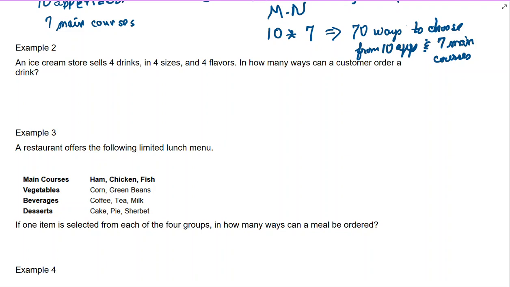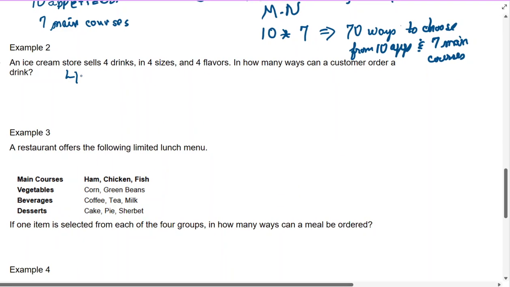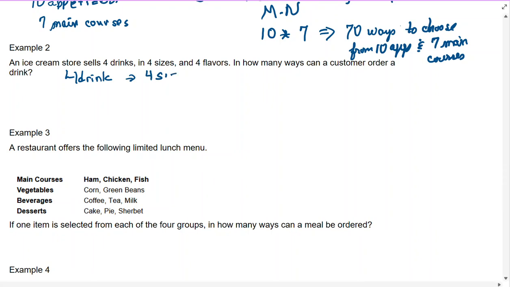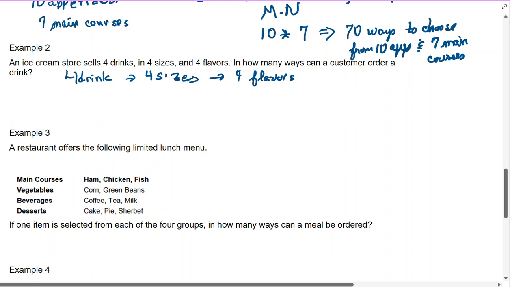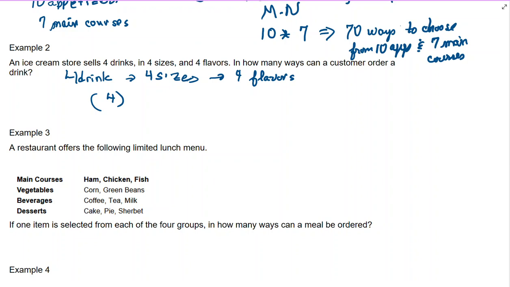Think of it like Coke, Diet Coke, Dr. Pepper, Diet Dr. Pepper, or tea, sweet or unsweet. Anyway, 4 of these drinks. And then we have 4 sizes, large, medium, and small, and 4 flavors that you can add. So 4 times 4, 16 times 4 is 64 ways to order a drink. All right, nothing hard, super duper easy.